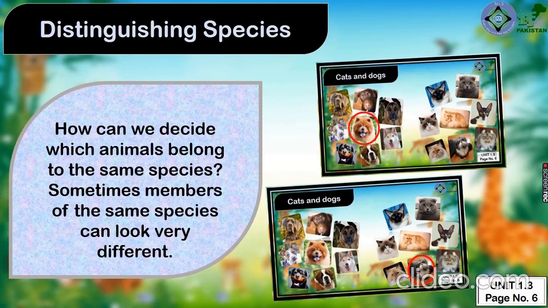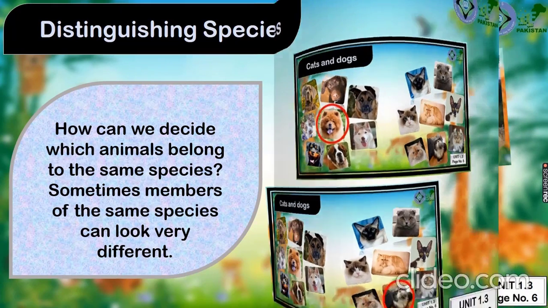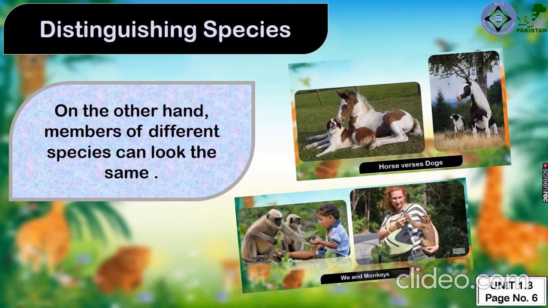How can we decide which animals belong to the same species? Sometimes members of the same species can look very different. On the other hand, members of different species can look the same.